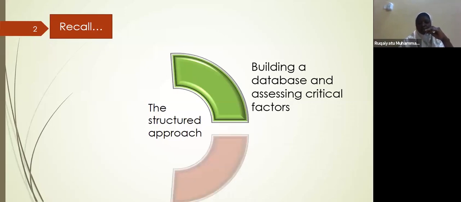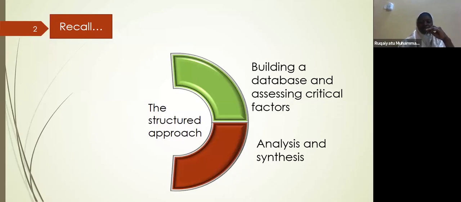Then it also involves the analysis and synthesis. Like he said, it's not all the information that you gather that is usually needed. So definitely there must be a thorough review.